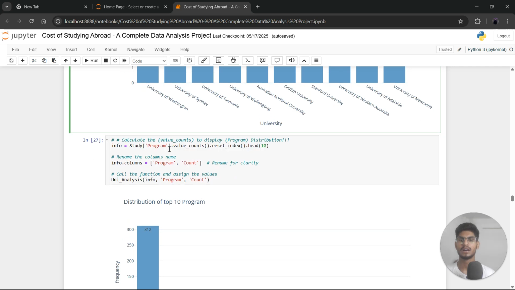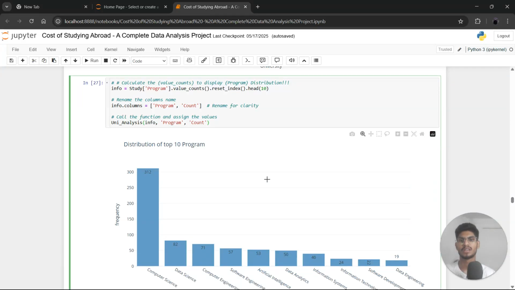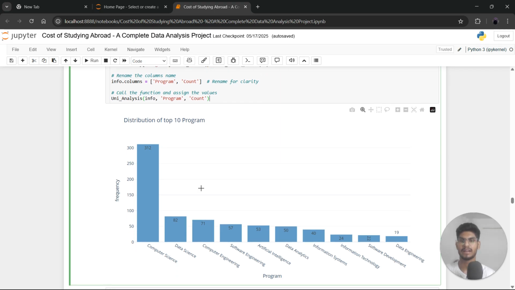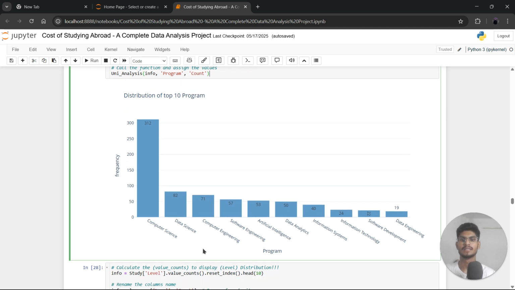Now again we are doing it with the program, to see which program is the most affordable or the most in demand within the data set, so that we can write down the description or the conclusion on which program is in demand right now. We can see that most people are going for computer science: 312 universities are teaching computer science, then 82 data science, then 71 computer engineering.